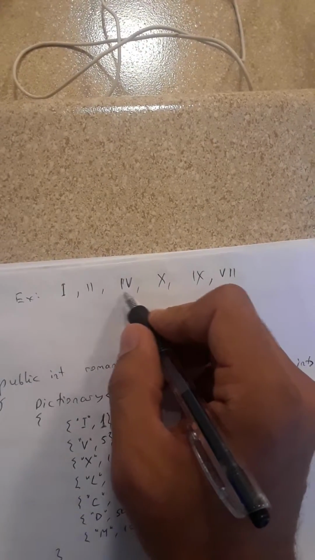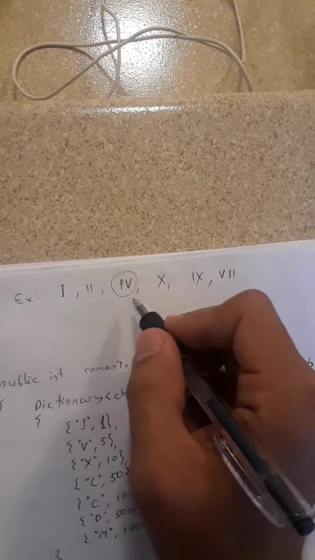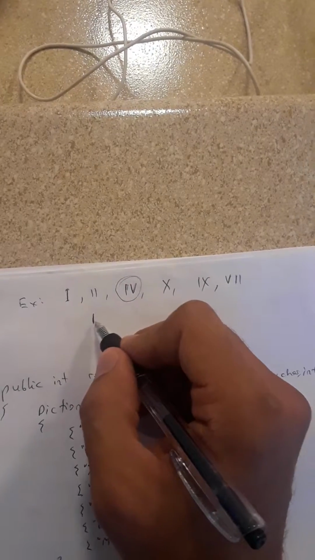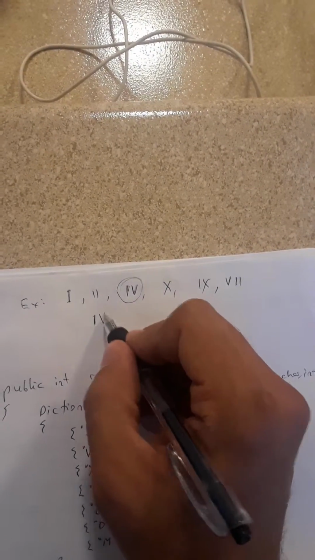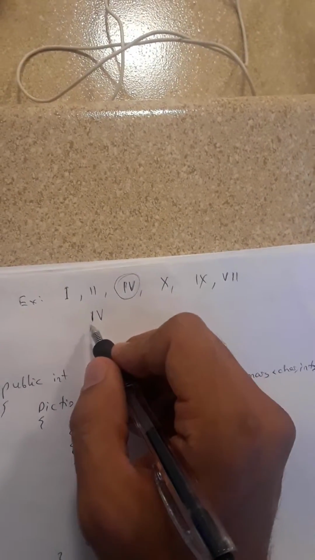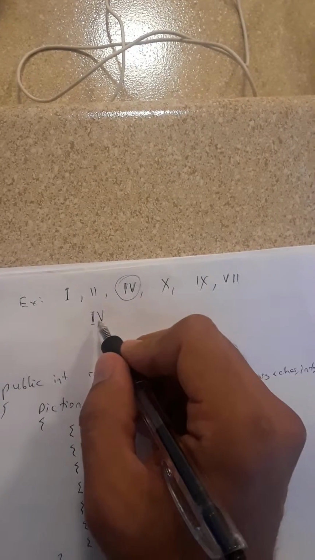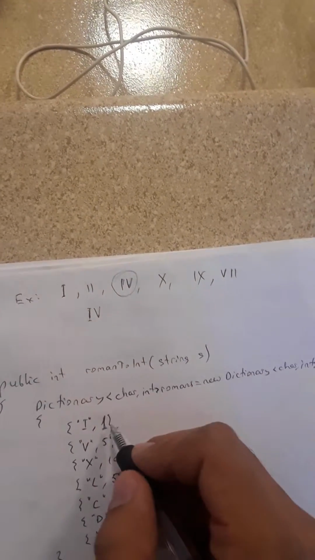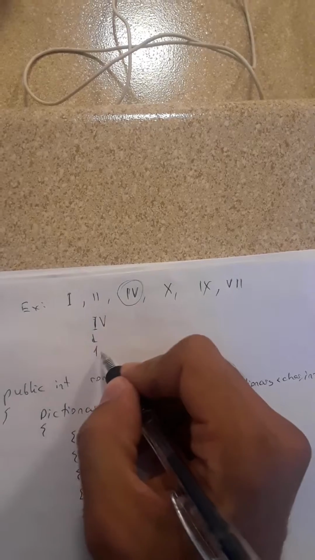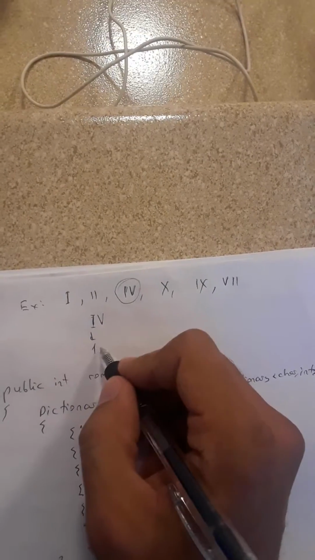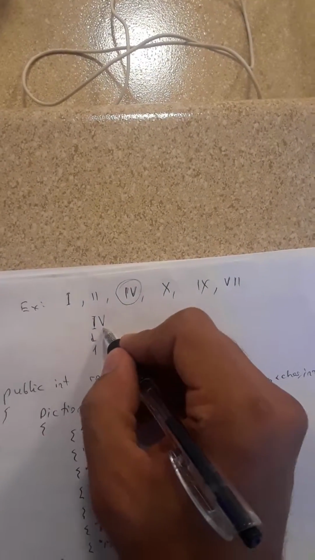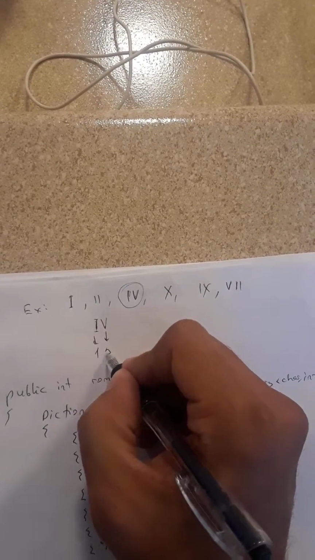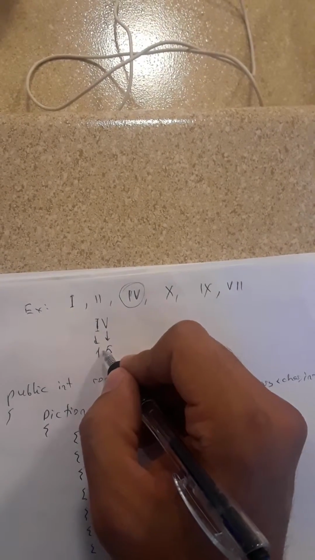So for this given example, we'll go from the beginning and check if our current character value, which is 1, is greater or equal to the next one, which is V, indicating 5.